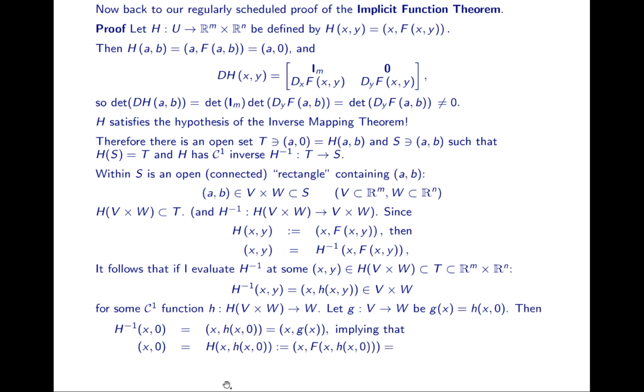But h of (x, 0) is g of x, and H is (x, f(x, y)). So H of (x, g(x)) is (x, f(x, g(x))). So if this ordered pair equals this ordered pair, that means the second component 0 equals f of (x, g(x)) for all x in this open subset V.